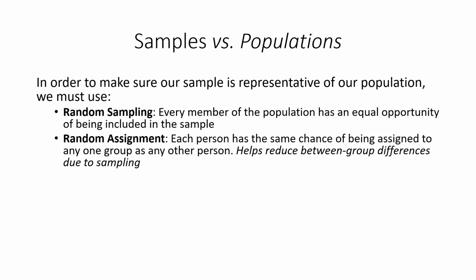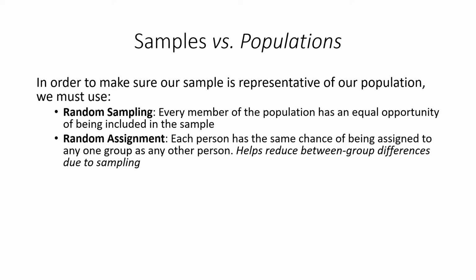We also need to do random assignment. This is very important. Let's say you've got multiple different levels: we're giving people 2 different drugs and a placebo to test for pain. Each person in your sample needs to have an equal chance of being assigned to any of the groups. You can't just collect the first 20 people and give them drug A, the next 20 drug B, and the next 20 the placebo, because maybe in the process of collecting, something else had happened.